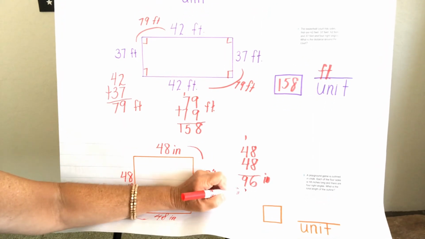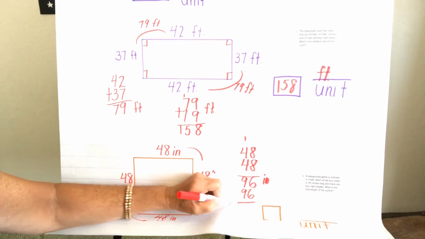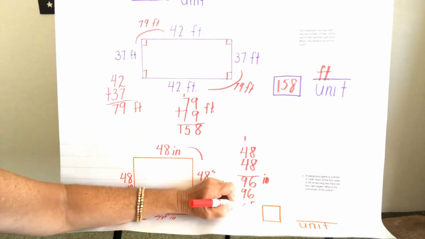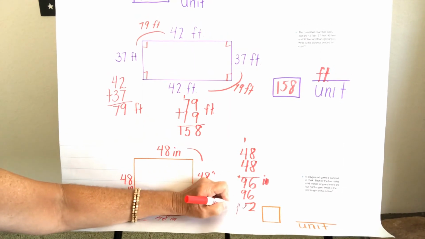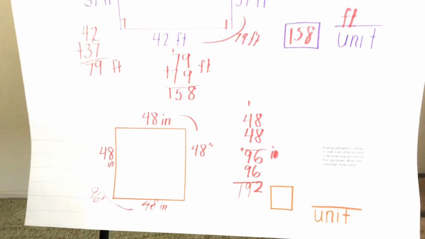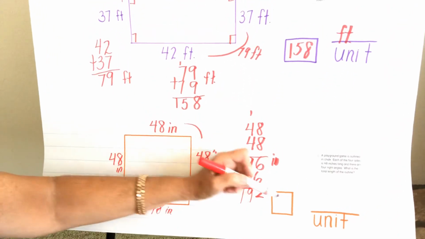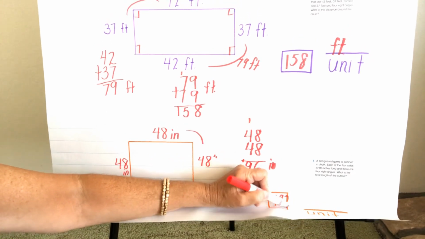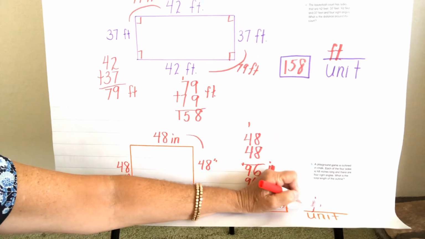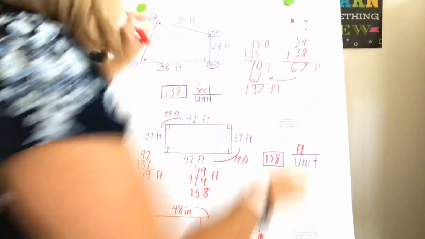So I'm going to say 96 plus 96 is going to equal 192. Oh, I'm coming to the bottom of my easel here. So my answer is going to be 192 inches.